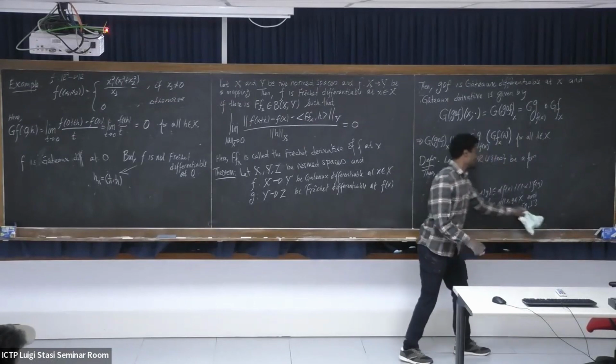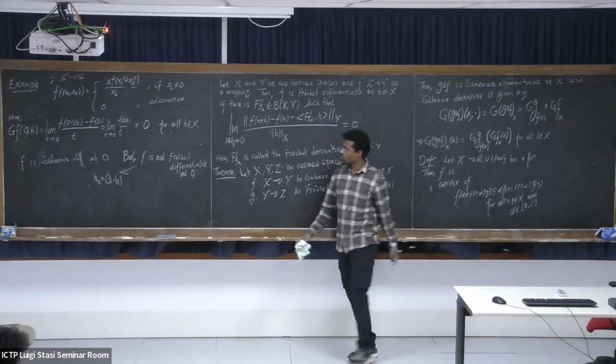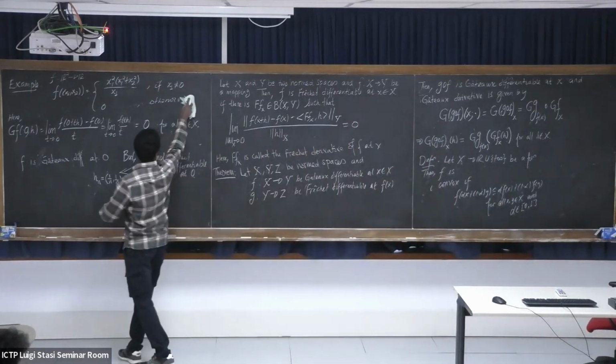Strict convexity is strictly less for two distinct points.